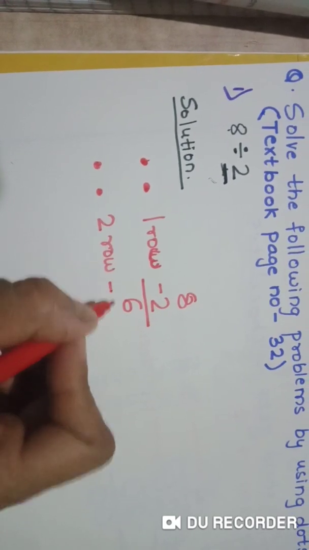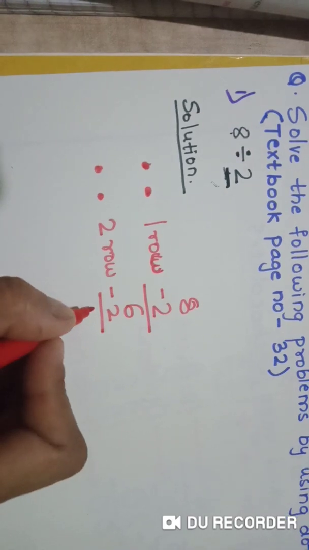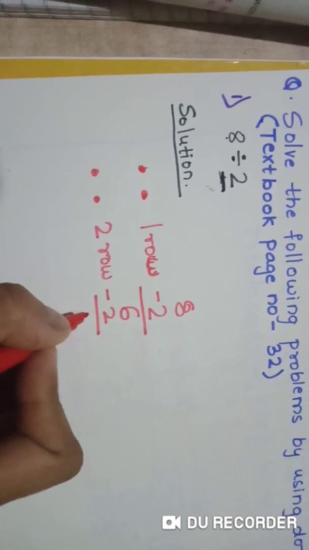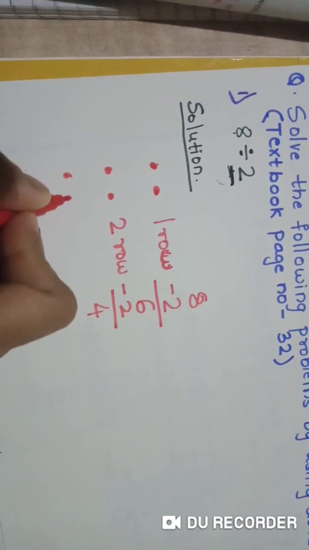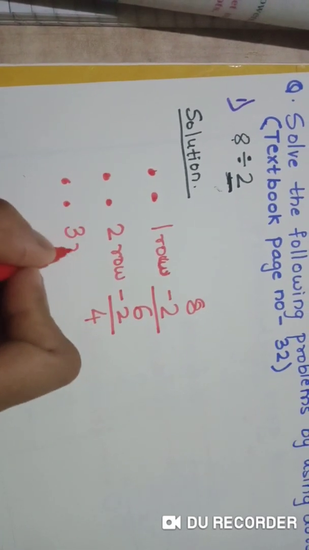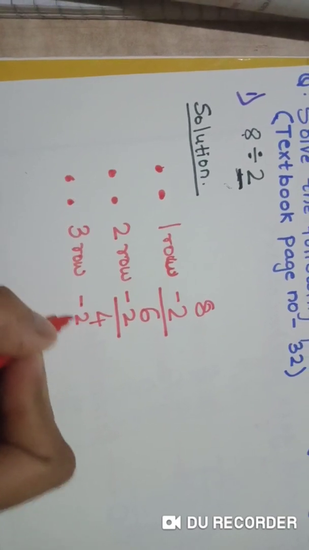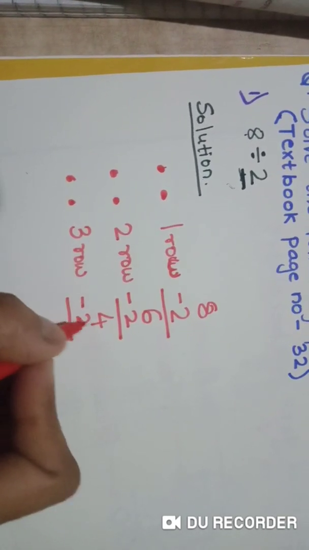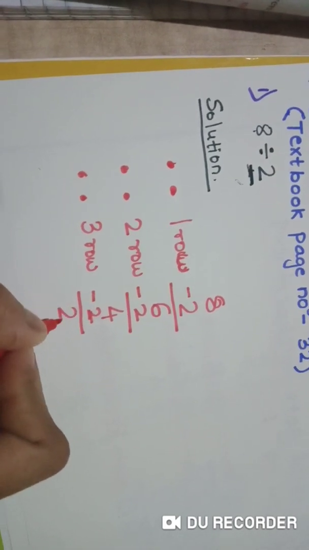Again 2 will be subtracted from 6. What will be remaining here? 6 minus 2, 4. Then again 2 dots. This will be our third row. Minus 2. 4 minus 2. What is the remaining here? 4 minus 2 is 2.